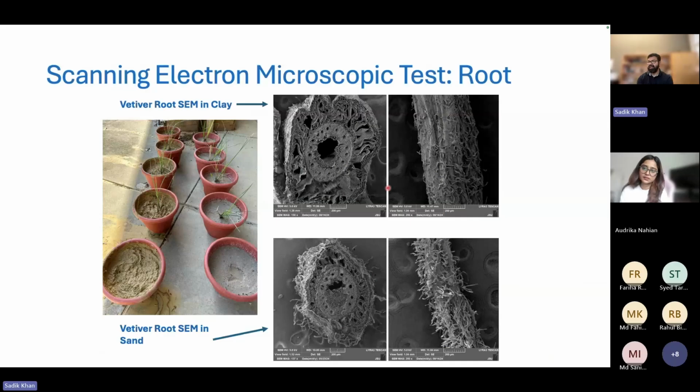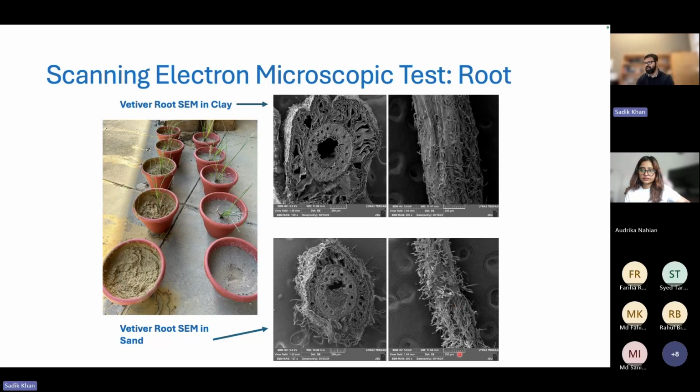Then we also looked into the root morphology at different conditions, especially in clay and sand. The diameter of the root becomes much higher when it grows in clay, versus lower when it grows in sand.